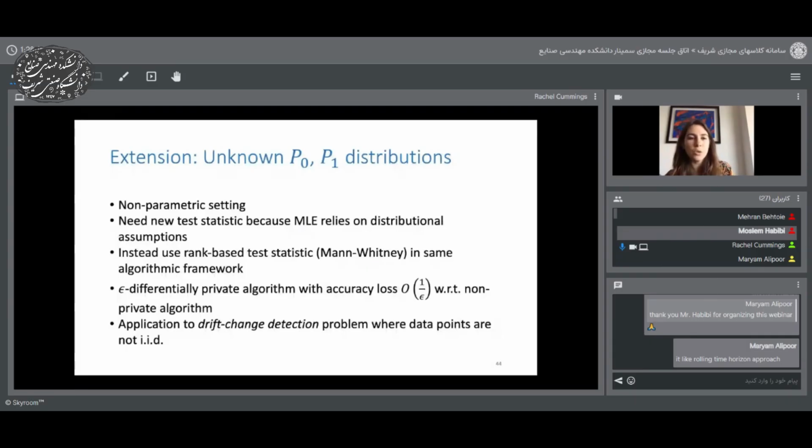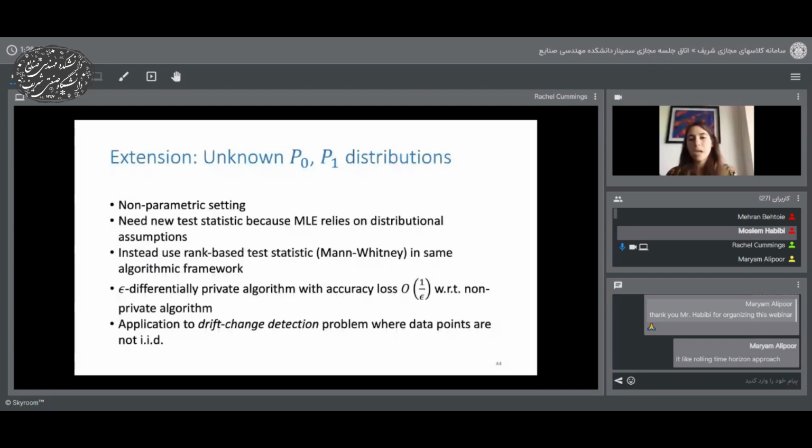We need a new test statistic because our log likelihood queries rely very heavily on these distributional assumptions. And so instead of using that, we use a rank-based test statistic.